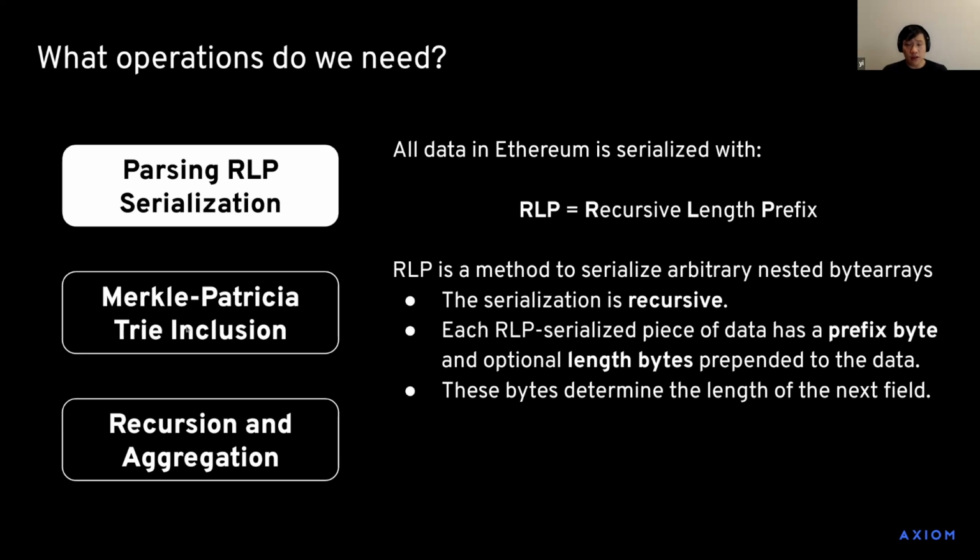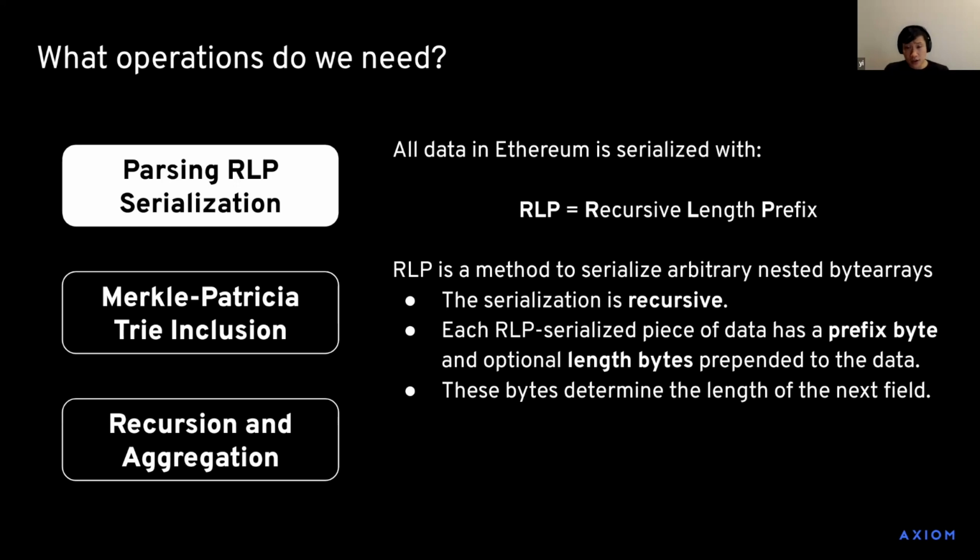So first, what is RLP? RLP stands for recursive length prefix, and it's a way to serialize all of the data in Ethereum. It's frankly not a very amazing serialization method, but the rough contours are as follows. You can serialize arbitrary nested byte arrays using RLP. Everything in RLP is either a byte array or an array of byte arrays.